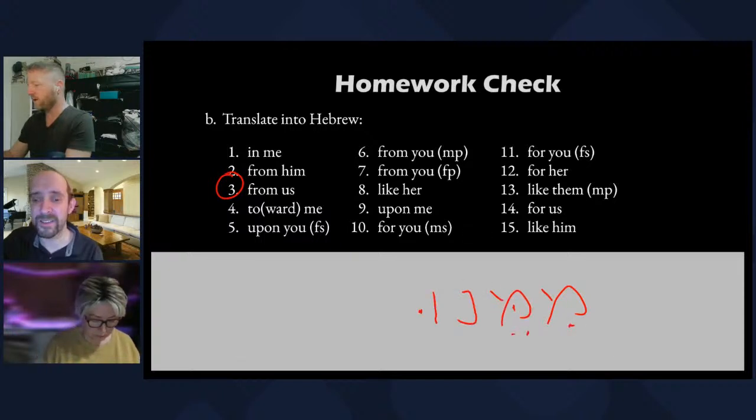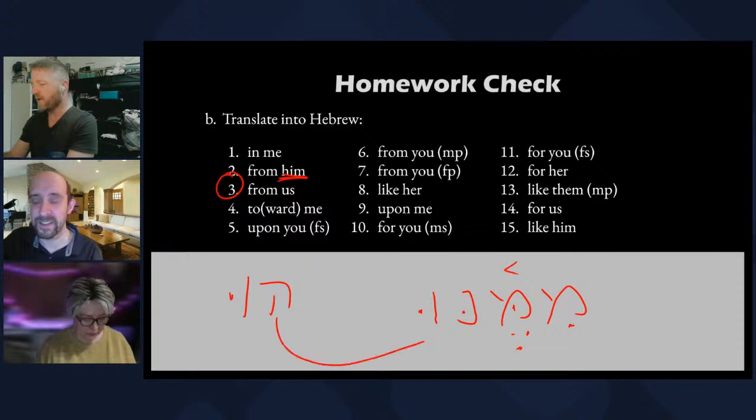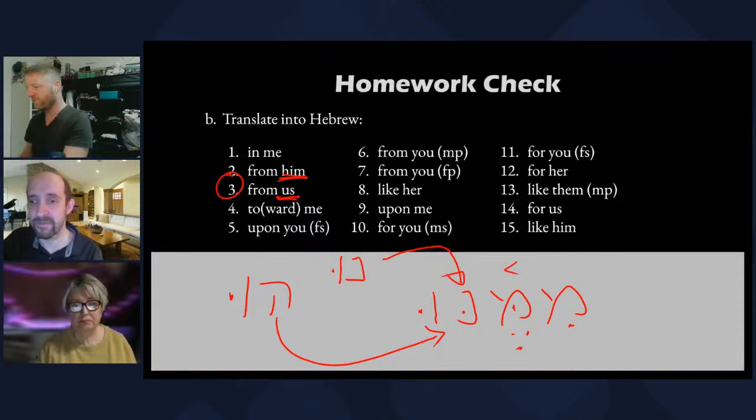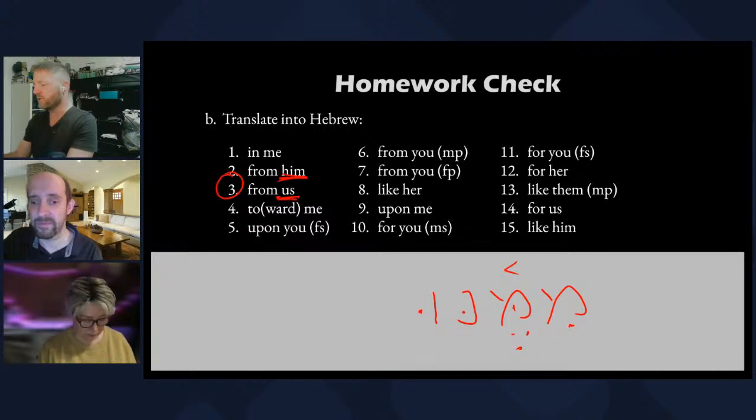Min, nu. Yes. So the first one, for him, ends in who, and the hay is assimilated into the noon. And the second, from us, ends in nu, because nu is us, and that also assimilates into the noon. So the hay assimilates, the noon assimilates, and we end up with the same form. Mimenu can mean from him or from us, and we just have to suck it up.